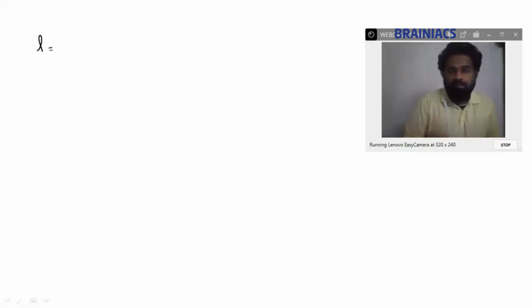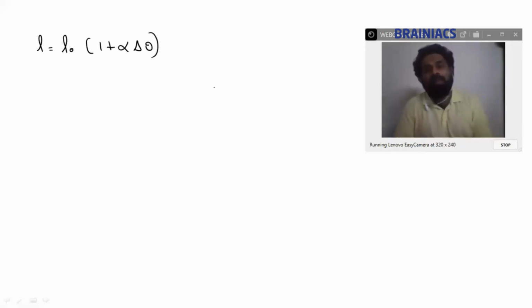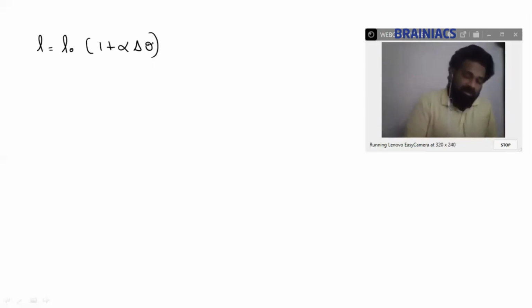If the temperature difference is delta theta, we know new length is equal to old length L naught into 1 plus alpha delta theta, where alpha is the thermal coefficient of linear expansion of that particular material, and delta theta is the change in temperature.